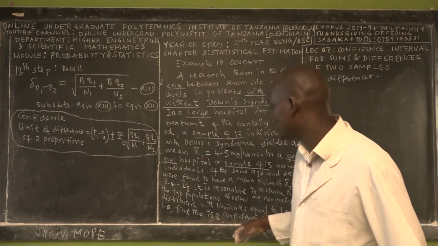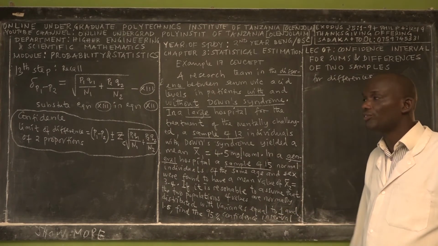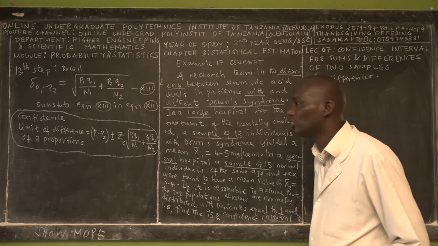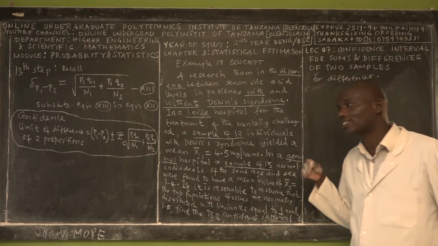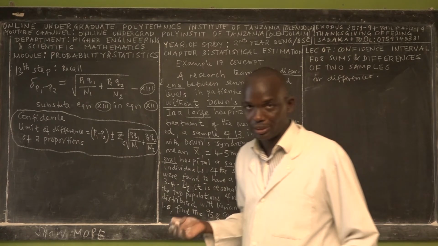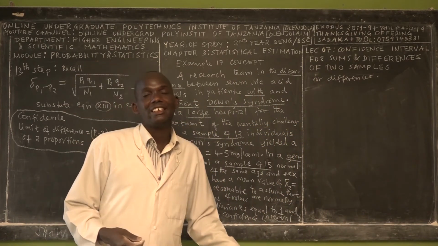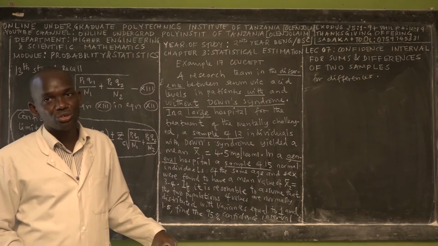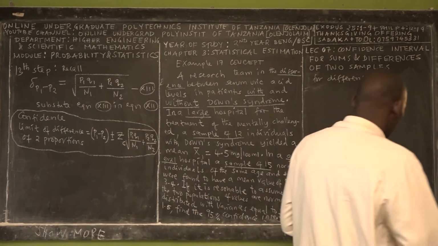The last sentence, the 95% confidence interval, tells us that. Without that part, you would treat the question as we taught in chapter 2. But because we have it, you treat it as we taught in chapter 3, which is statistical estimation.